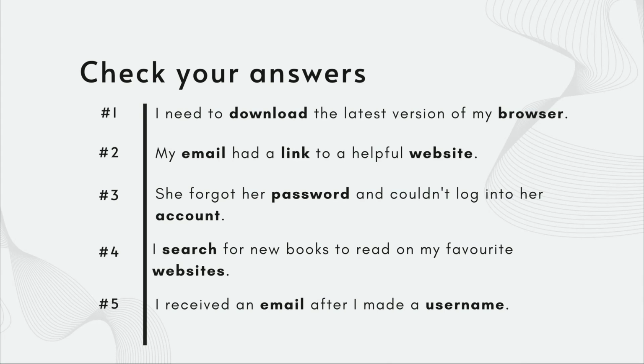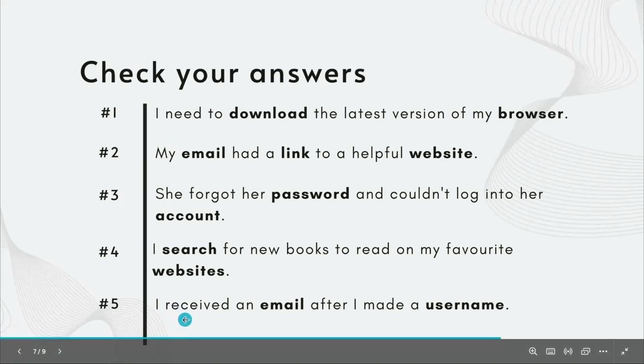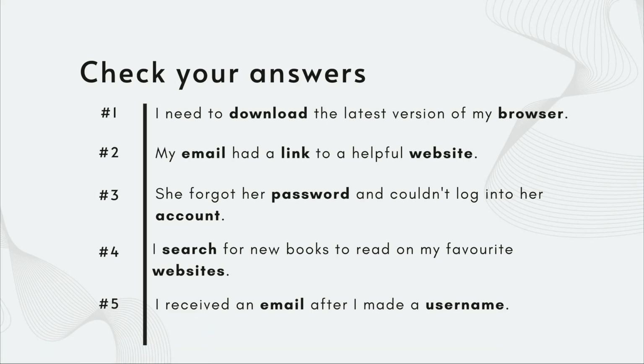But we have a special saying, and it's called I before E, except after C. So here we have the letter C. So in this case, the I does not go before the E. The I comes after. So that's why we spell it R-E-C-E-I-V-E-D.